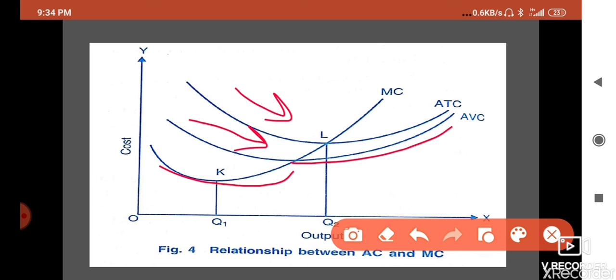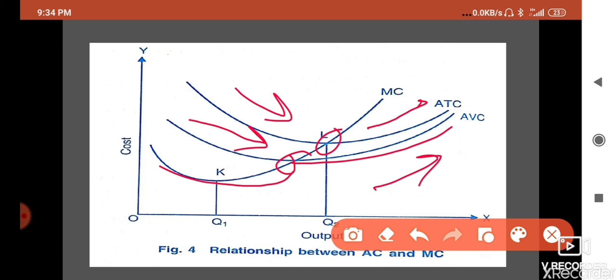And whenever MC intersects at this point, after this both ATC and AVC start to rise. Why? Because resources are fully utilized, then ATC will increase and MC will also increase. So MC will be more than ATC or AVC after the maximum utilization of resources.